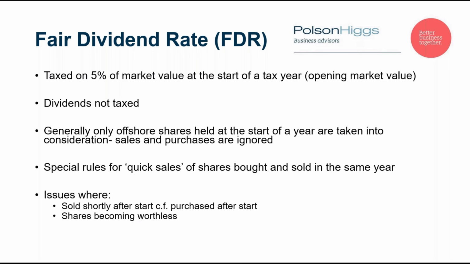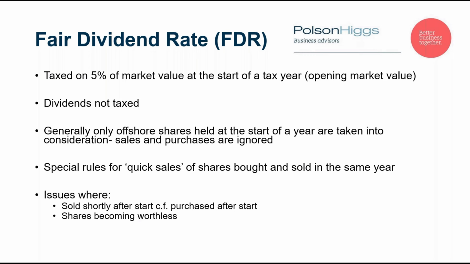Where else can it become a bit of an issue? What about if my shares become worthless? On 1 April, my shares were worth $10,000. 3 months down the track, the company goes under. Worthless shares that are worth $0, I still end up paying tax on that at 5% of my opening market value.